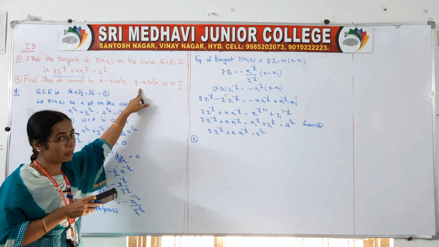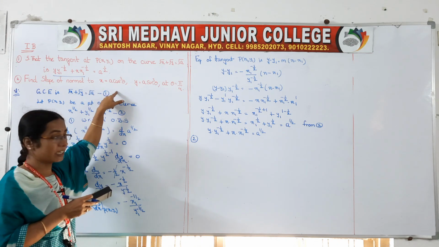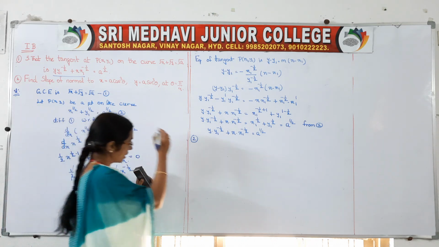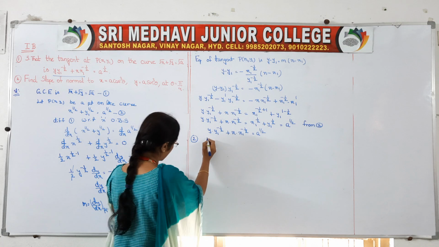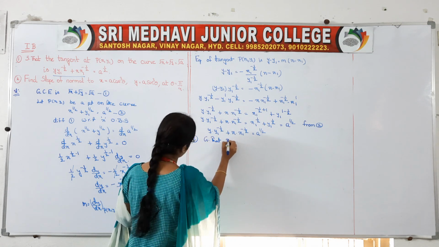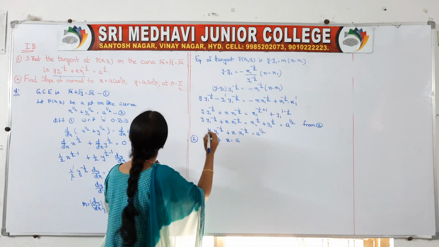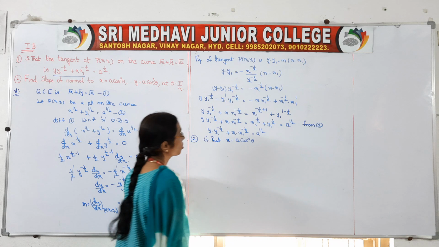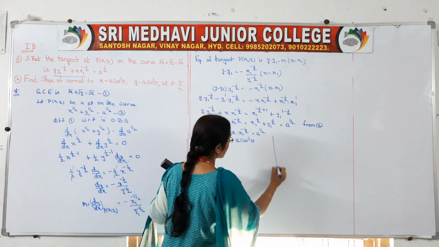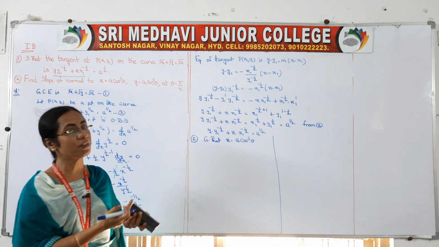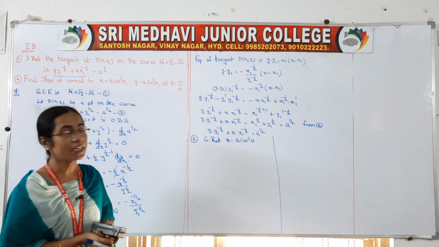You find dy by d theta and dx by d theta, then you take the formula. So what is the given information to us? Given that x is equal to a cos cube theta. You take dx by d theta, next dy by d theta, just divide, you will get your dy by dx.